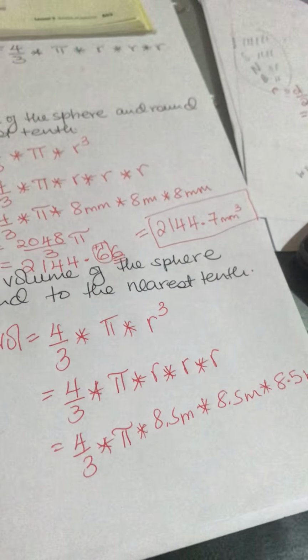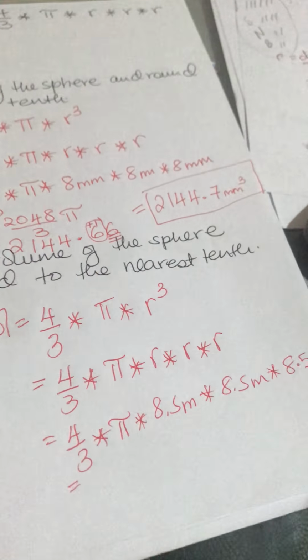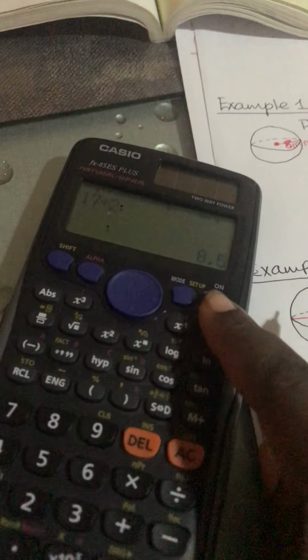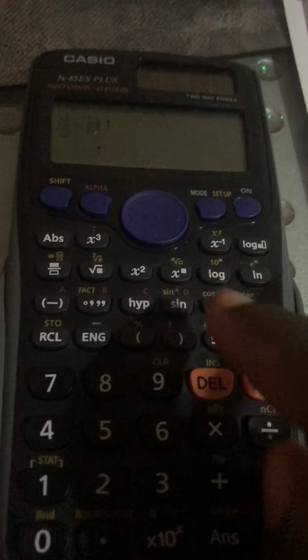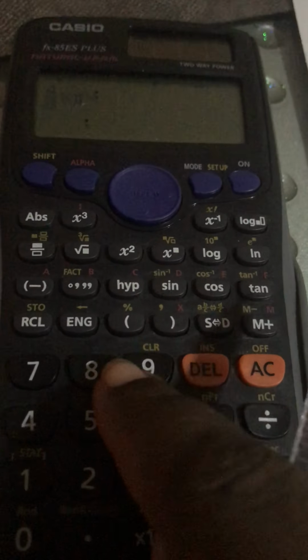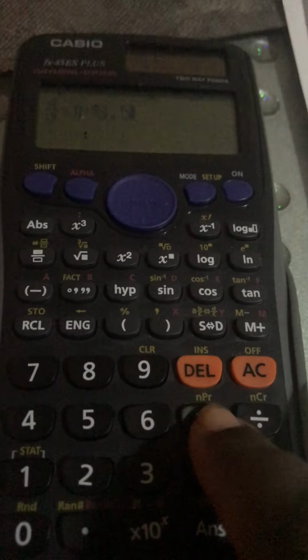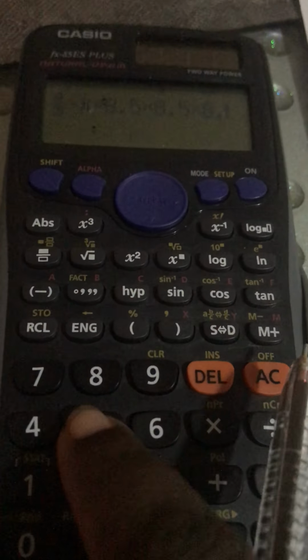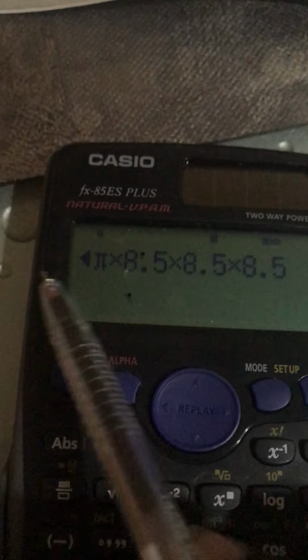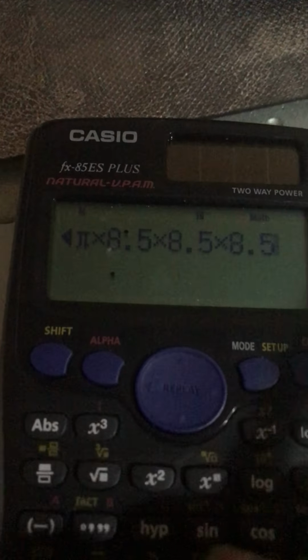Okay. Then I put my values in the calculator. Fraction 4 out of 3 times shift pi times... 4 out of 3 is over here.